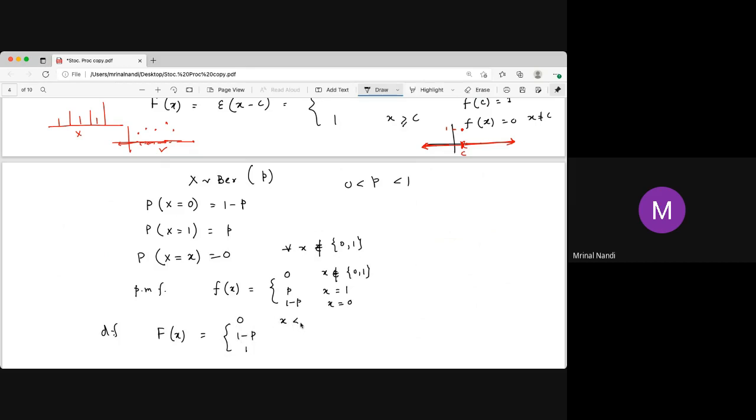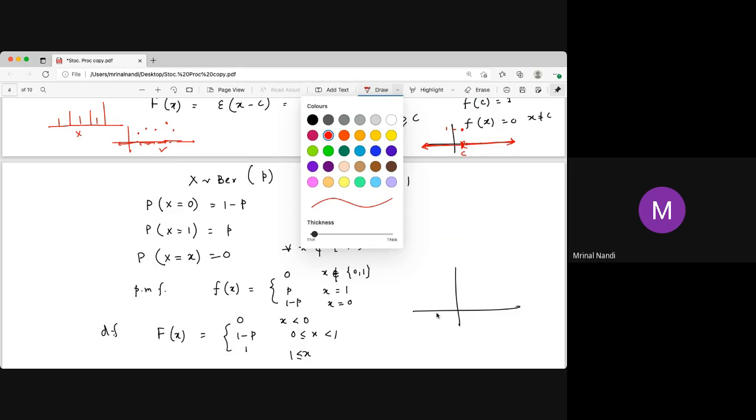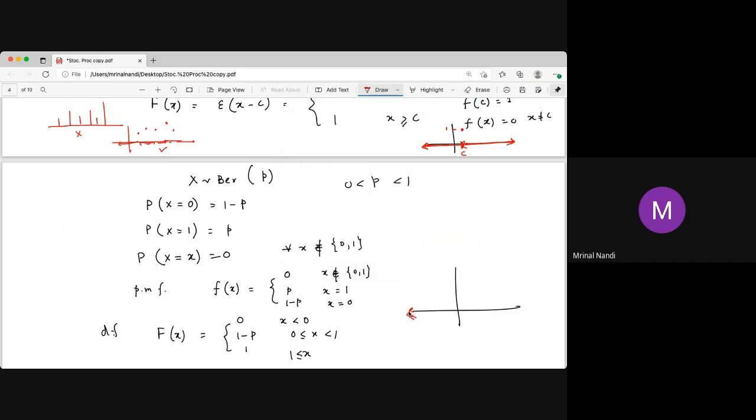For x strictly less than 0 it is 0, then from 0 up to 1 it is 1 minus p, and for x greater than or equal to 1 it is 1. So this is the distribution function of that Bernoulli random variable.